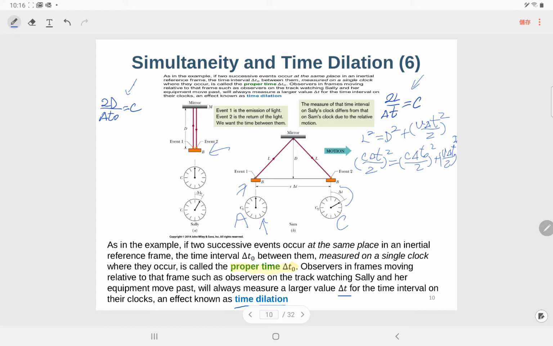So in this case, 2 can be cancelled. So you can just move this term to the left side. So we have (c squared minus v squared) multiplied by delta t squared equals c squared delta t0 squared, right?